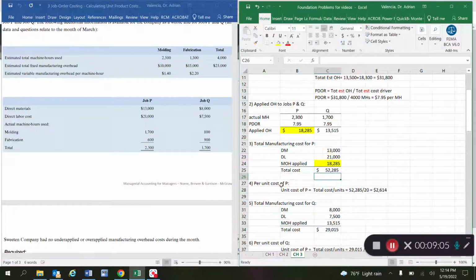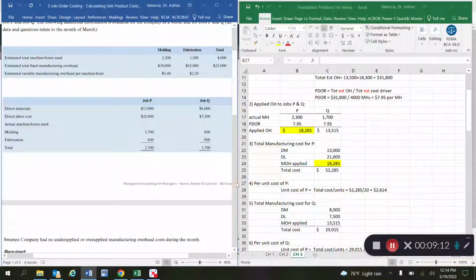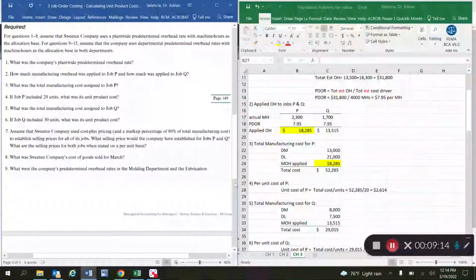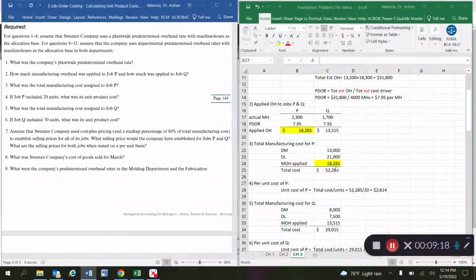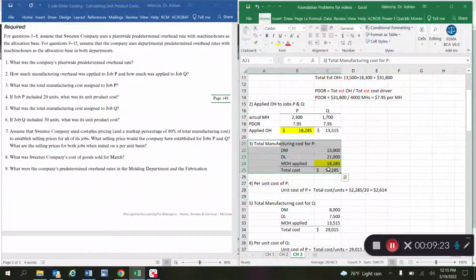Okay, we'll do the same thing for number 4 here. Well, wait a minute. Oh, I'm sorry. So we just did the total amount assigned to P, which is 52,000. And then in number 4, they tell us if job P included 20 units, what's the unit cost?